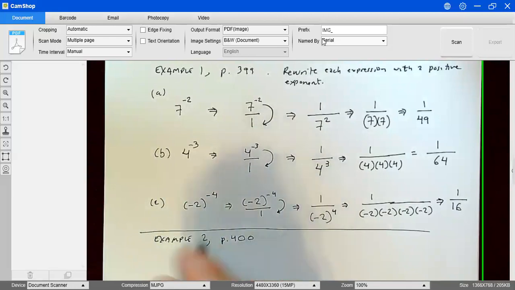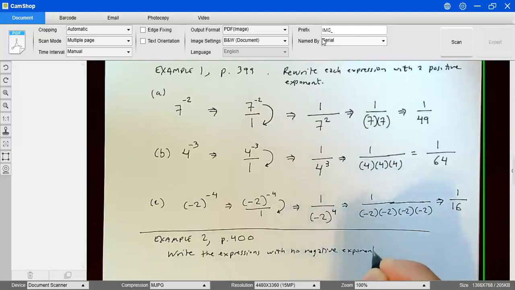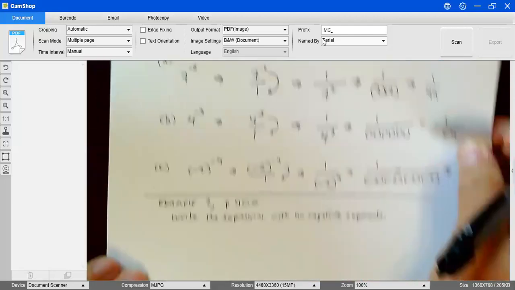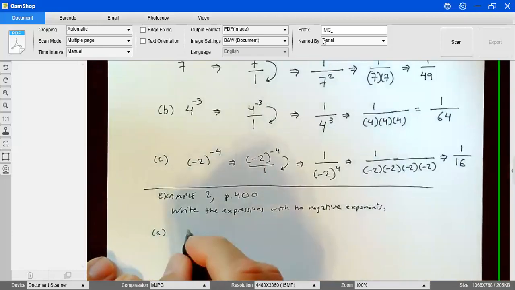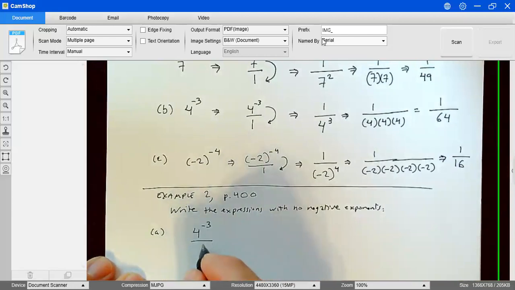So again, we need to write the expressions with no negative exponents. So we're going to start with the first one. The first is just 4 to the negative 3 over 5 to the negative 2.